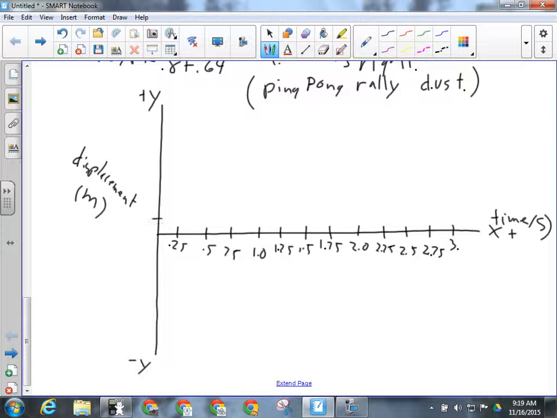So let's go like this. And I might not have to go very far down into the negatives, but it's important to have it there. I know I did go backwards, so I should have both of that on there.